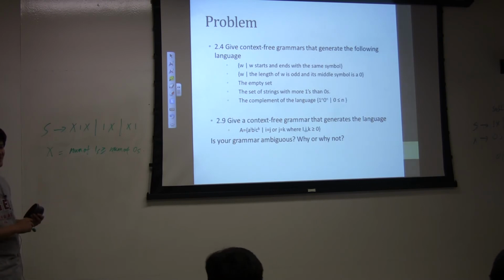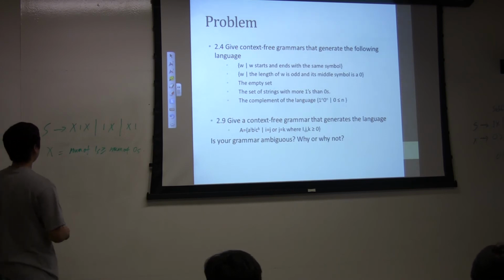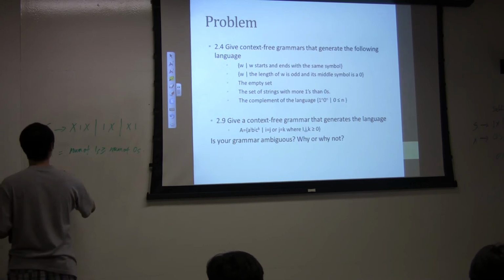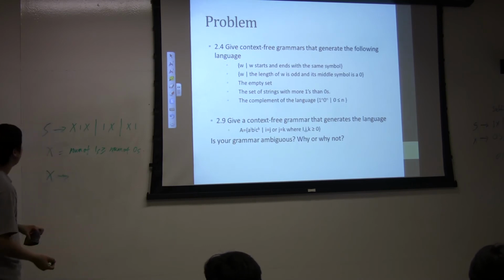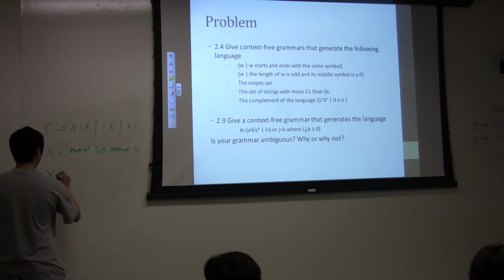How do you write the rule for that? Maybe greater than? That's a good question. So what's the maybe greater than?